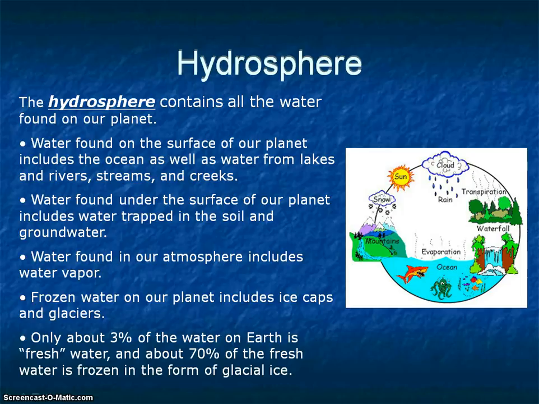Most of the fresh water on the planet, about 70% of it, is going to be in our glaciers and ice caps. So roughly 97% of the water on the planet is not fresh water. It's going to be in the form of salt water or water that contains other chemicals or minerals. Of that 3% of fresh water, only about 1% of it is going to be usable or drinkable by humans.